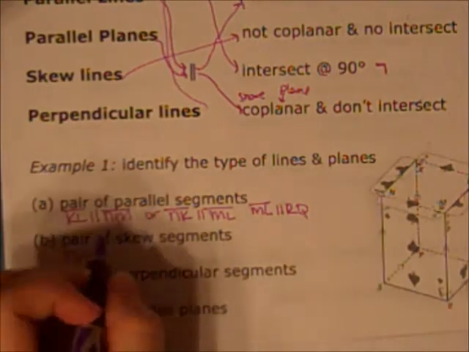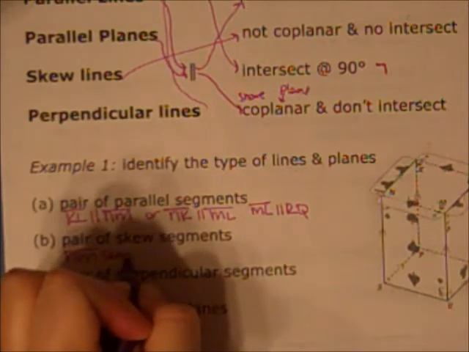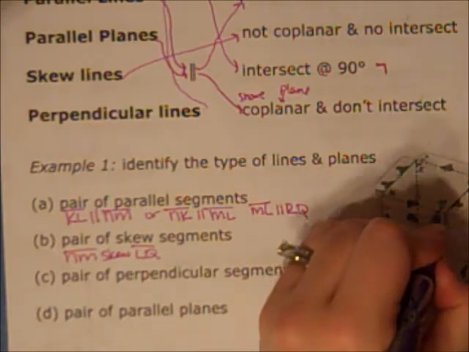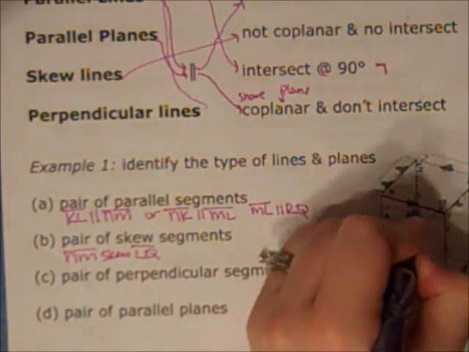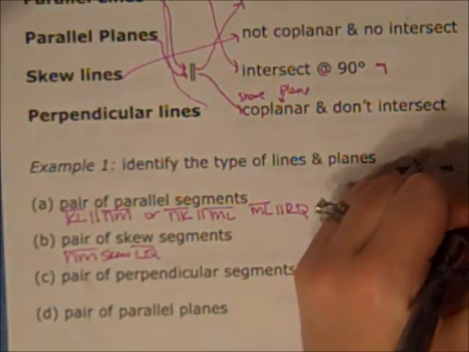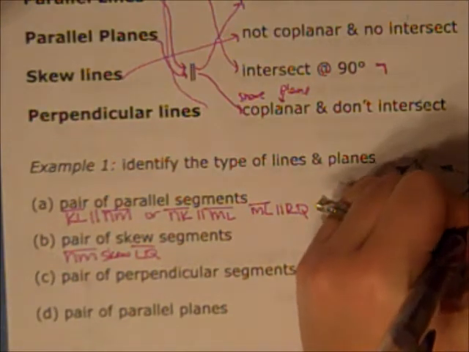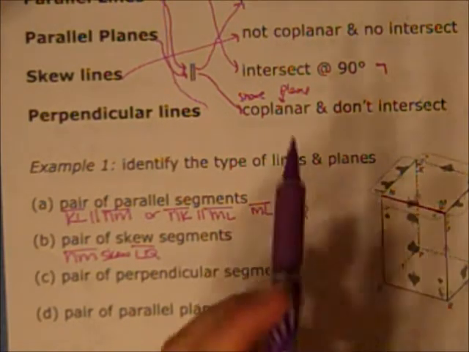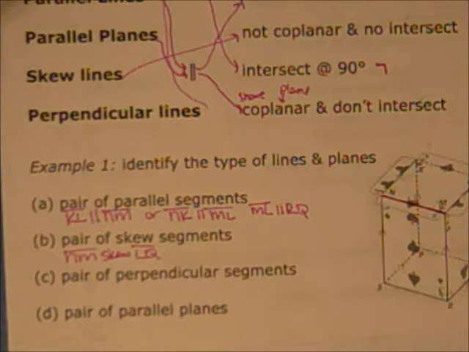So I'm going to choose LQ. See how NM is on the front top going side to side. LQ is on the back right going up and down. So they're not in the same plane and they're not going to intersect. I could have just as easily chosen KP for that. That would have worked. Even PS would have been fine.